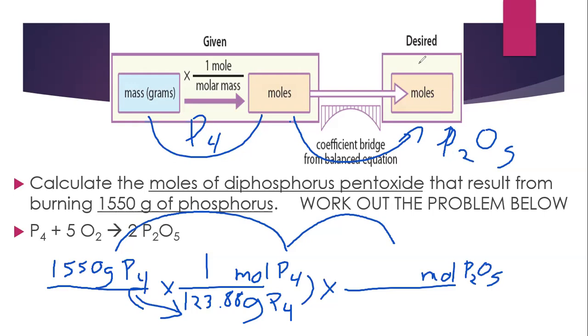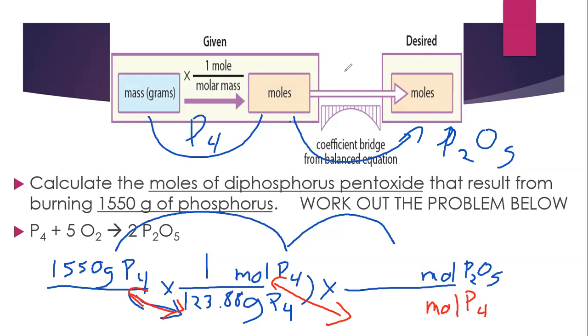Just like in the previous area where we had to match units, we've got to match these units down here. So we're going to put mole of P4. This is the bridge mole.